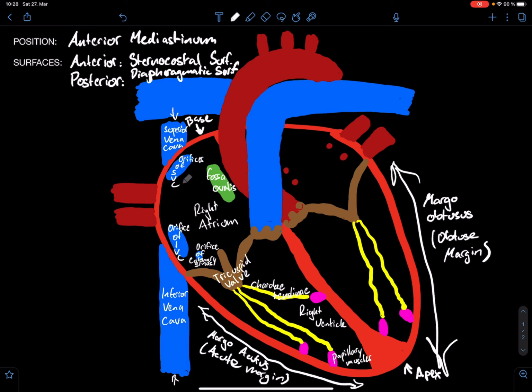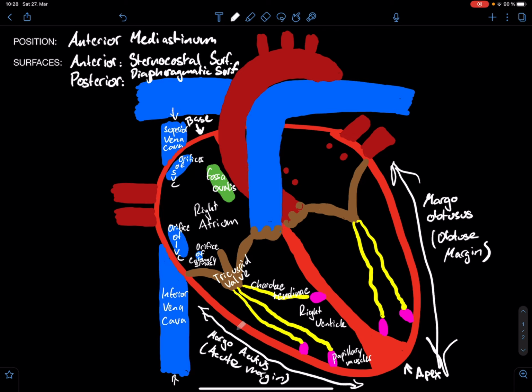And we all know this would not be good. So these chordae tendineae and the papillary muscles anchor the individual cusps of the valves in place, so that this does not happen, so that we have a perfect seal during systole.